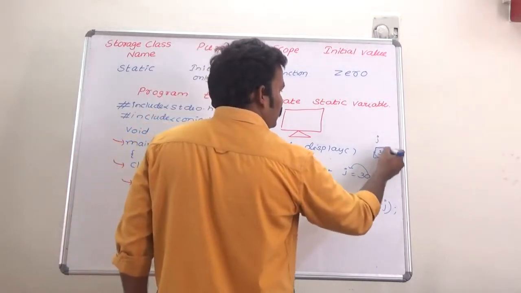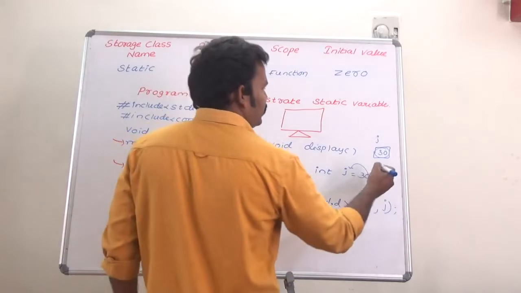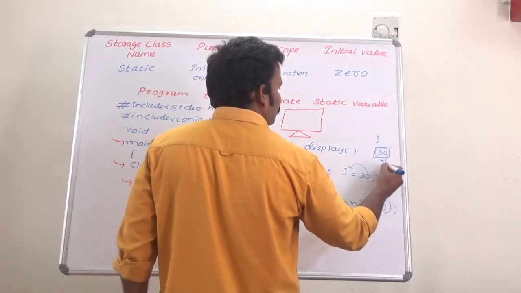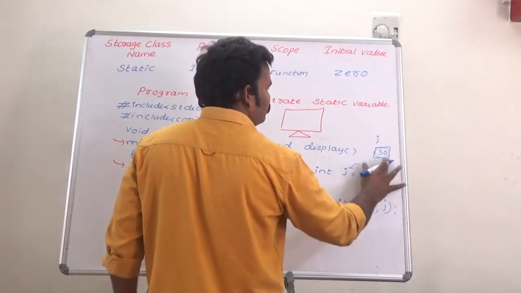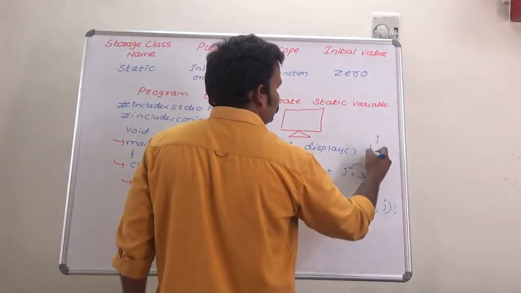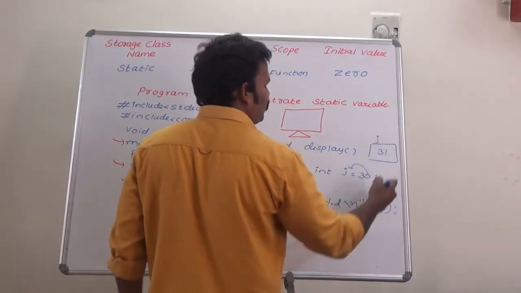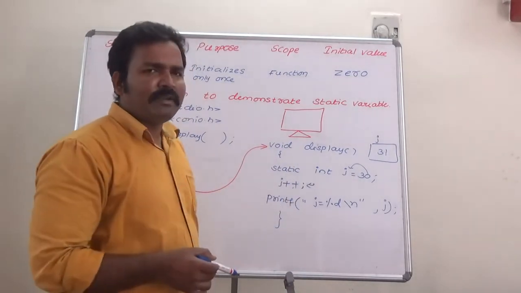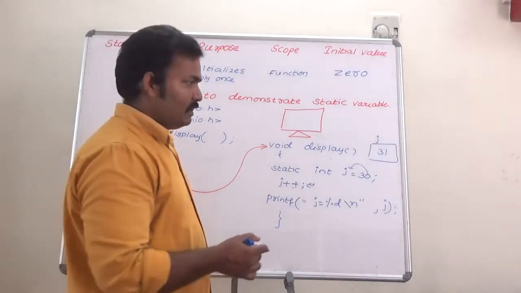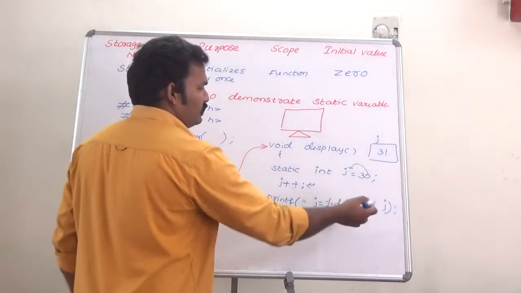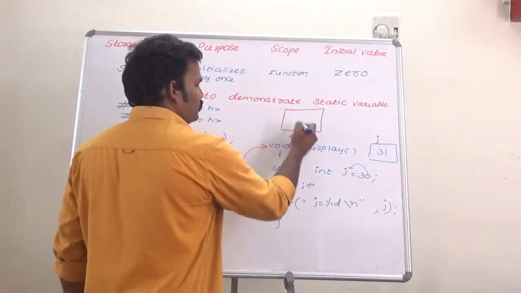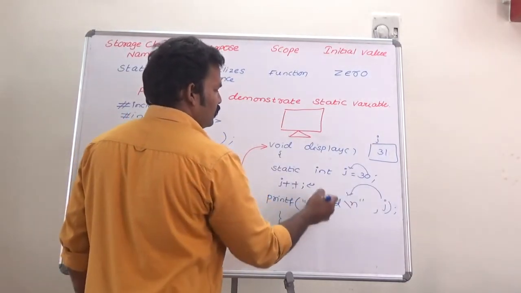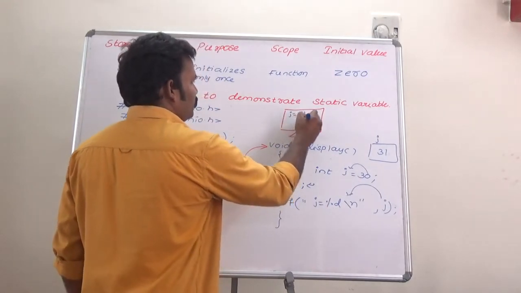The current value is 30, and 30 plus 1 makes the j value 31. Then the printf statement prints the j value on the screen. What is the value of j? 31. So j is equal to 31.